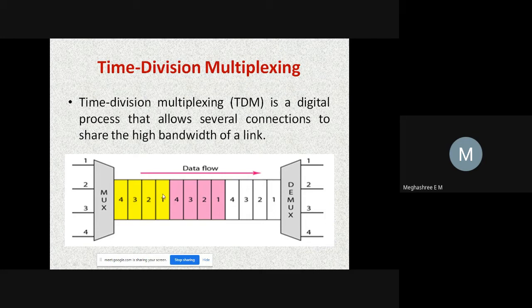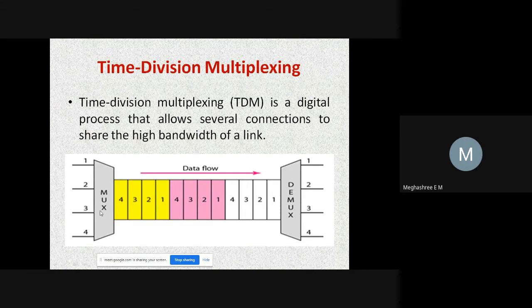Now here you can see what is happening at the link. Instead of sharing a portion of bandwidth as we studied in FDM, here time is shared. This slot is for the first connection, this slot is for the second connection, this slot is for the third one, and this slot is for the fourth one. In this way the link is shared: not a portion of the bandwidth, but time is shared between all the connections that have been multiplexed.